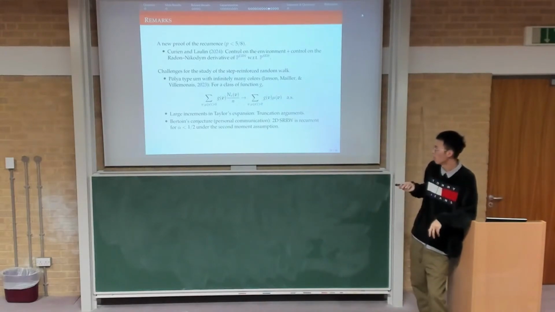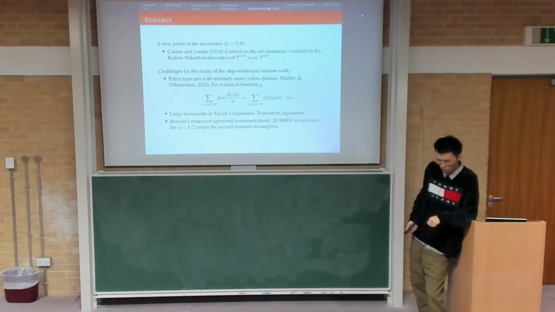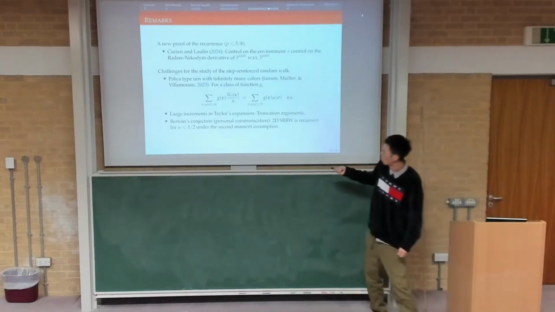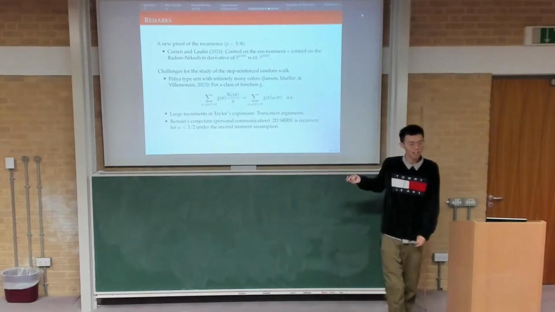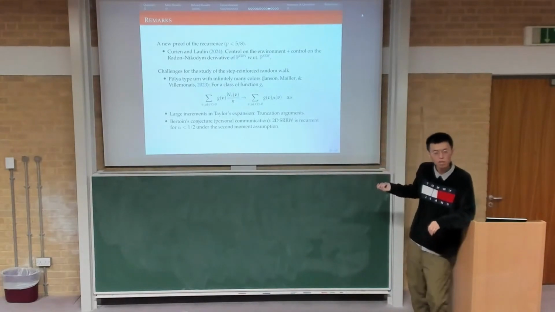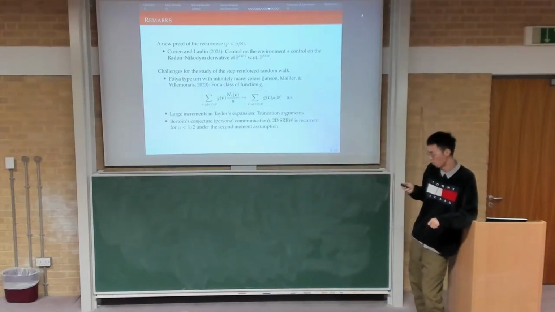But actually, once I solved the recurrence-transience problem for the elephant walk, Professor Bertoin introduced me to the question of the stable reinforcement walk. So he even conjectured that a 2-dimensional stable reinforcement walk is recurrent for alpha less than 1/2 under the second moment assumption. So here I proved that this is true under a 2 plus delta moment assumption.